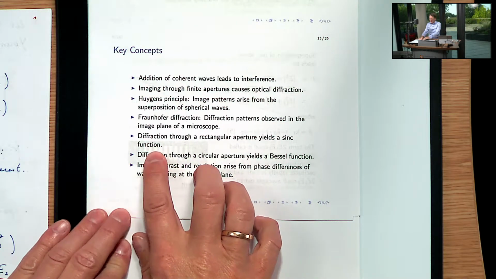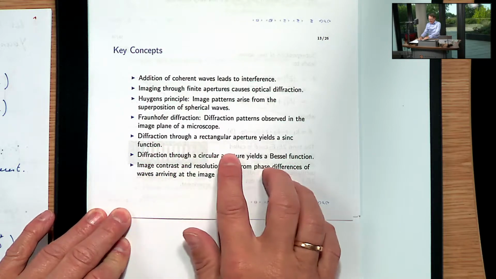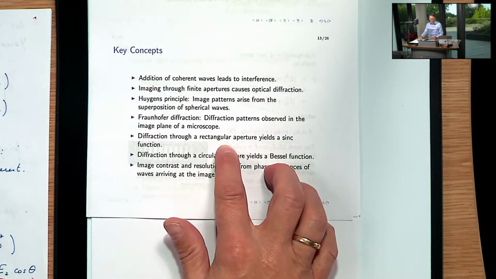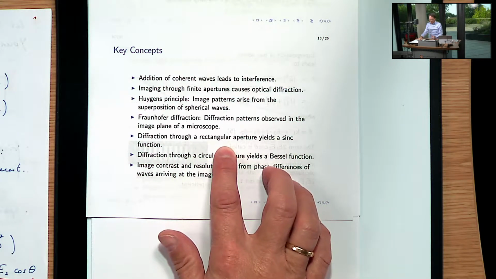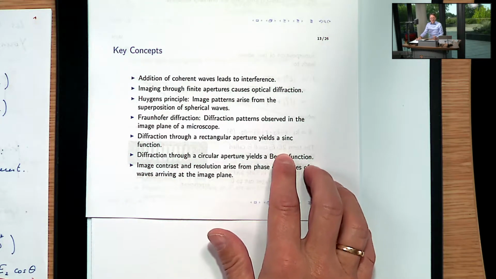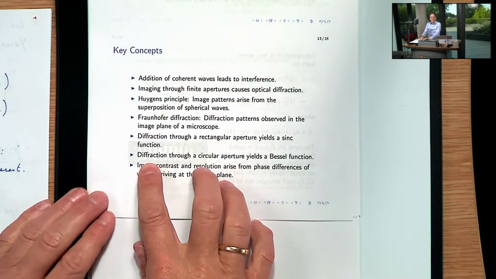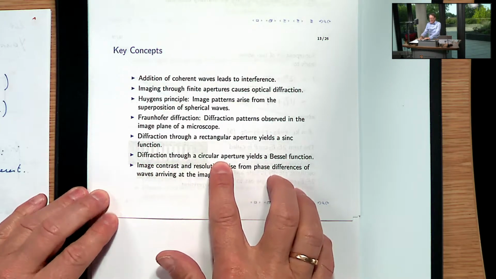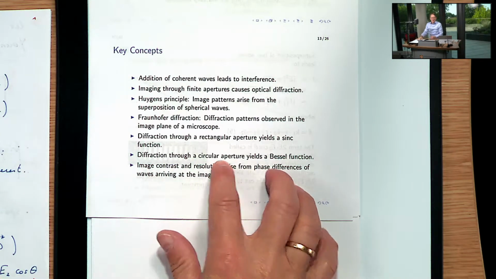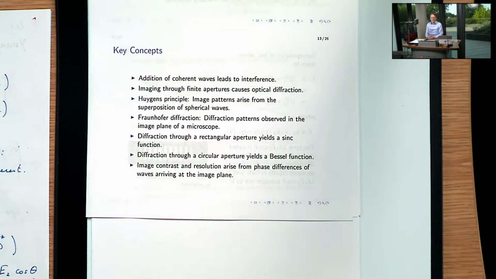The first one is diffracting light through a rectangular aperture, a slit if you so want, and you'll find that this yields a so-called sinc function. And then for the microscope, the most important one is what happens if you image through circular apertures, because lenses and components inside a microscope are round.